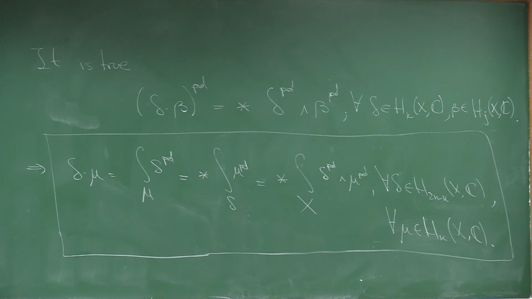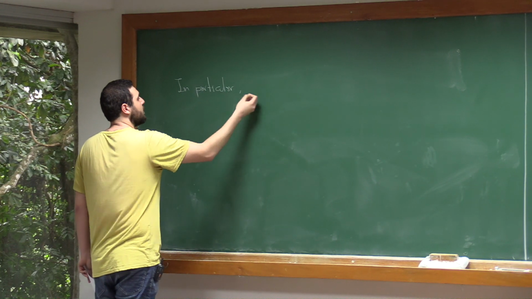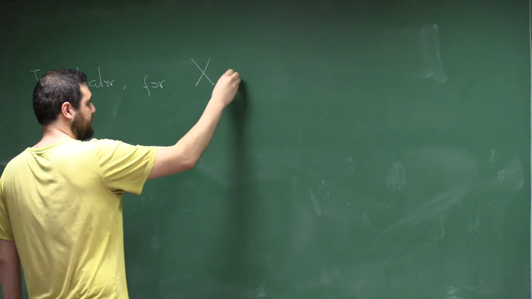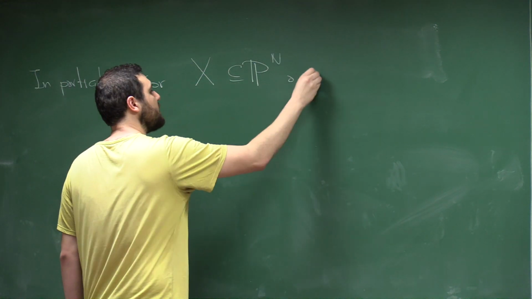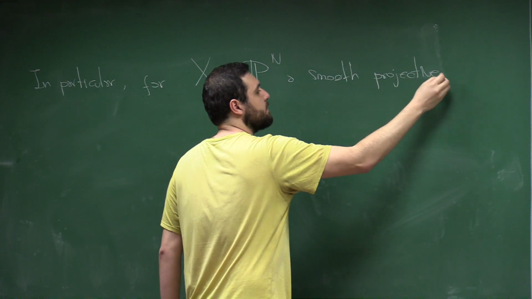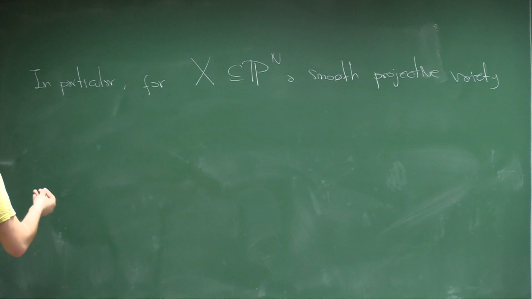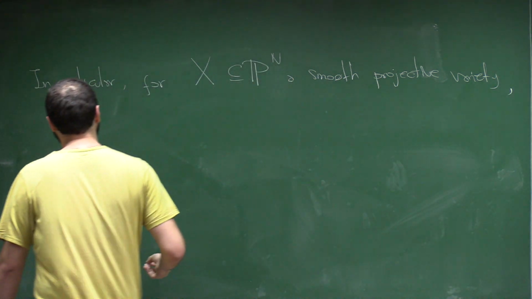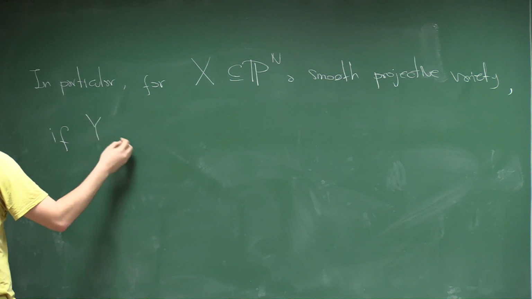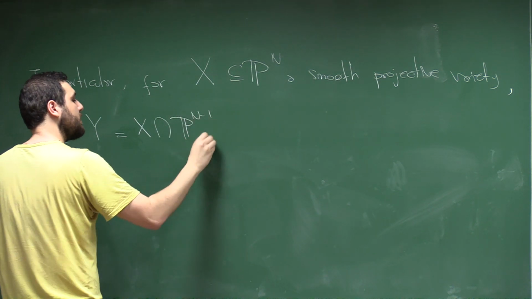So in particular, for x inside Pn, a smooth projective variety, let y be equal to x intersected with some Pn minus 1 at infinity.